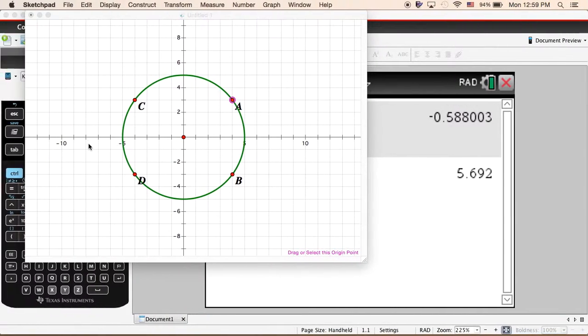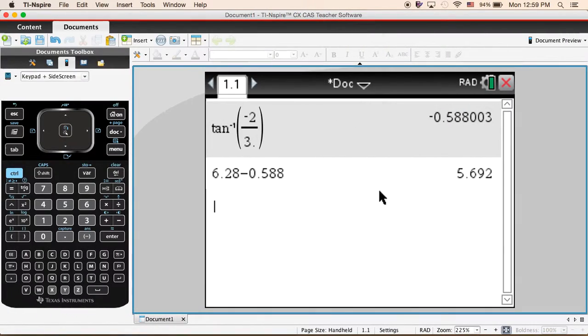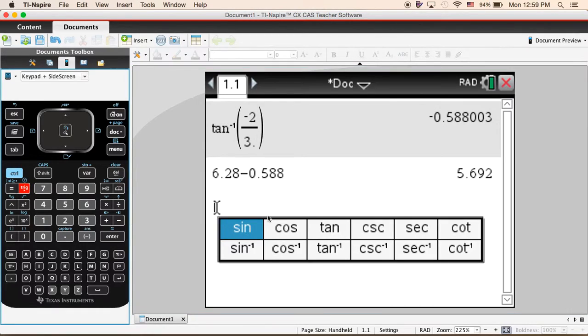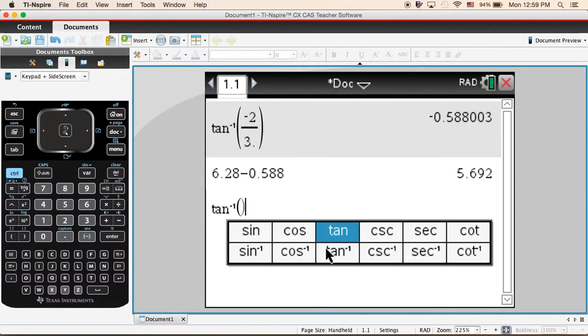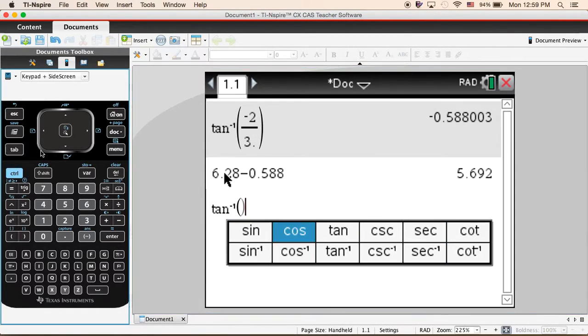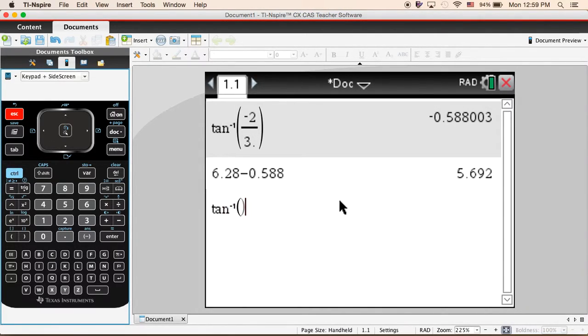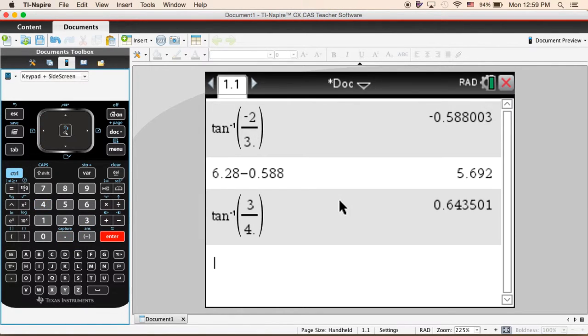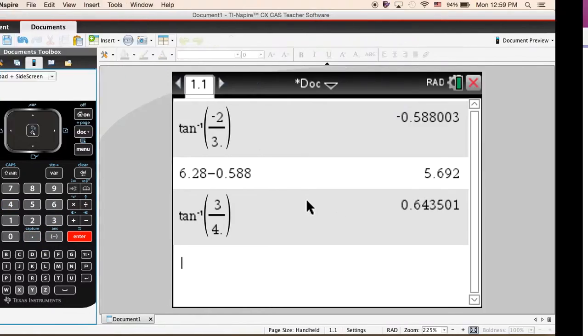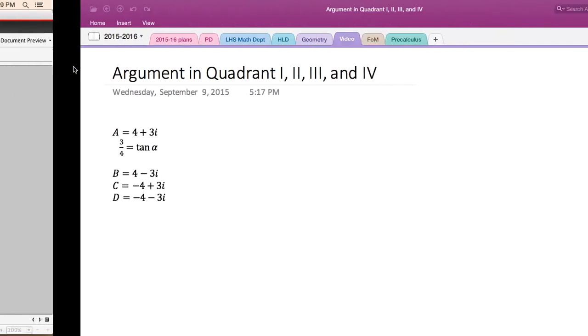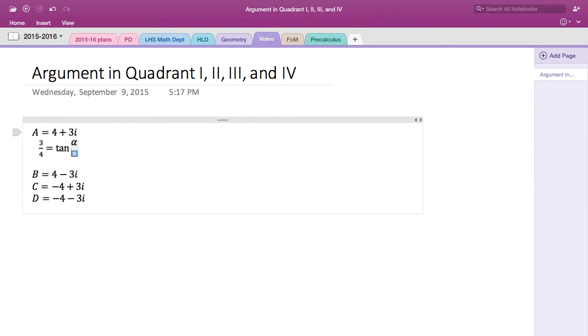And if you solve for alpha, then we'll get inverse tangent of 3/4, which is 0.6464. So alpha equals 0.64.